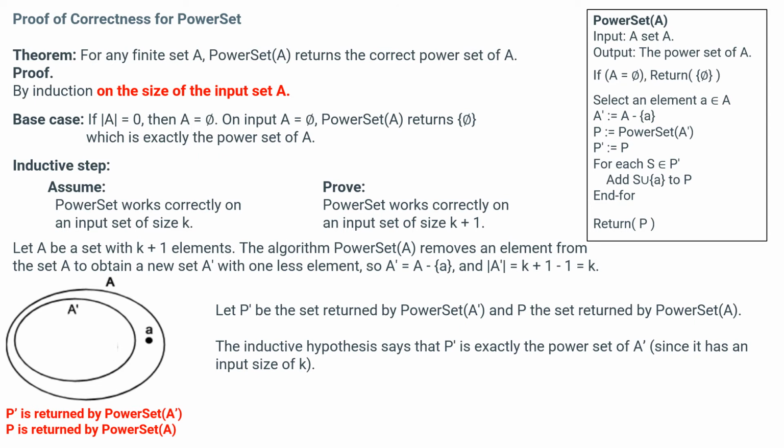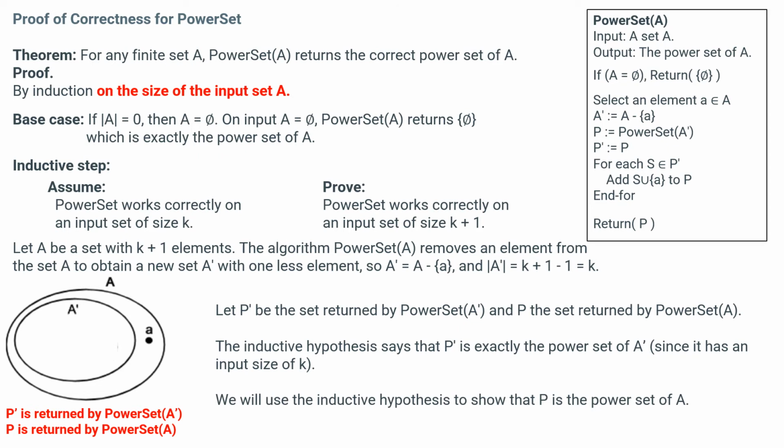We're saying, yes, we're going to assume that this algorithm really does return the power set, because it's of size k. That's our assumption that the algorithm works correctly on an input set of size k. Okay, so that would be the inductive hypothesis.